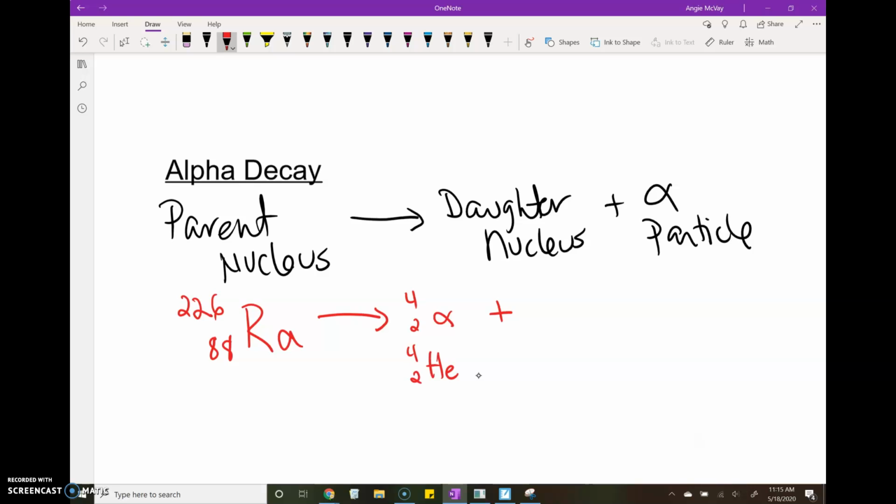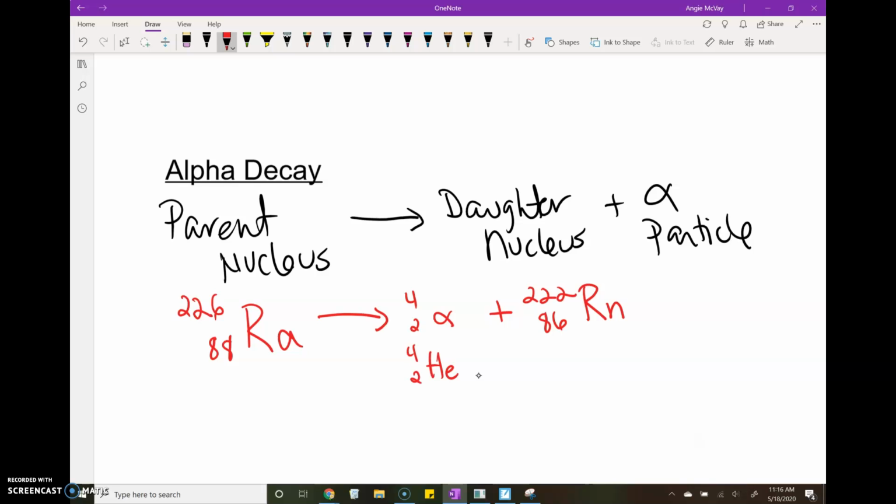So 226 minus 4, that must be 222 nucleons. We started out with 88 protons. An alpha particle has 2, so this must have 86. And this particular nucleus is called radon.